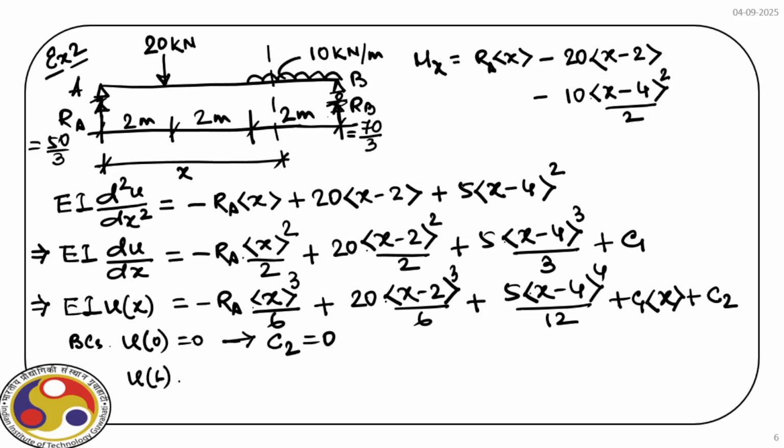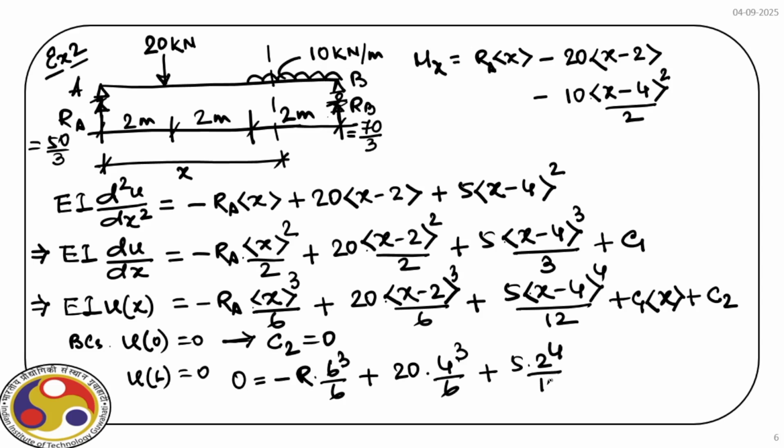Similarly, displacement at L is equal to 0. So for that we have 0 is equal to minus Ra times L cube divided by 6 plus 20 times L minus 2, actually L equal to 6, so we can put that value, so 6 cube. 6 minus 2 is 4, 4 cube divided by 6 plus 5 times 6 minus 4, that is 2 to the power 4 divided by 12 plus we have C1 times x equal to 6.